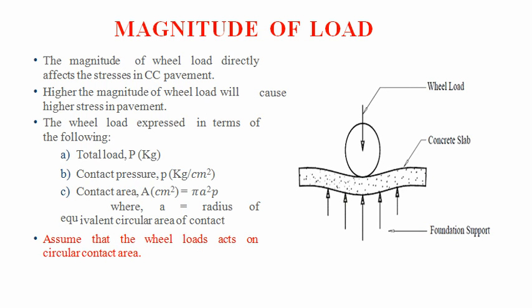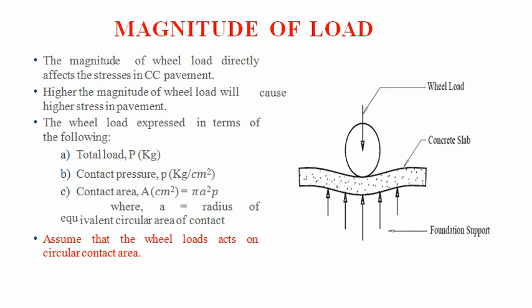The magnitude of the wheel load directly affects the stresses in the cement concrete pavement. The higher the magnitude of the load, the higher the stress in the pavement. The wheel load is expressed in terms as follows. First, the total load P, which is taken in kg.